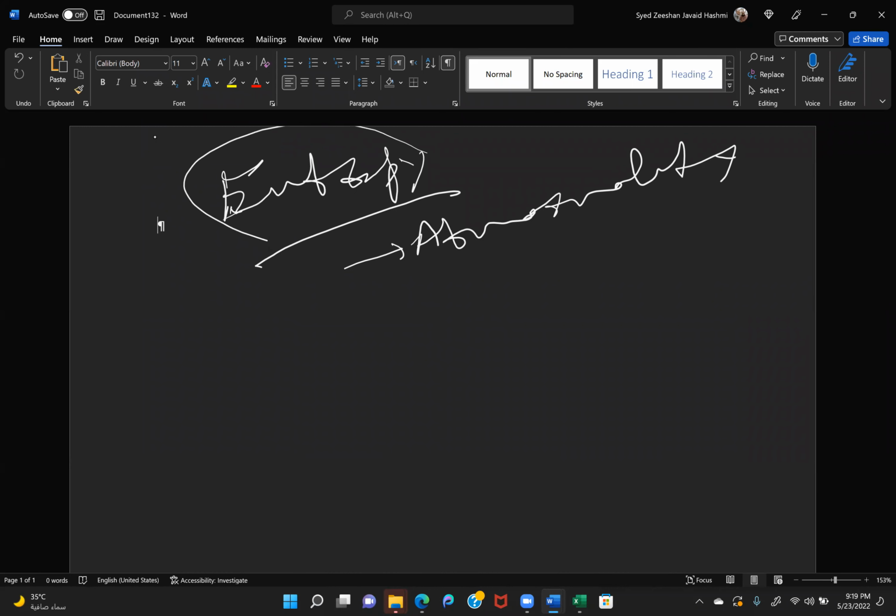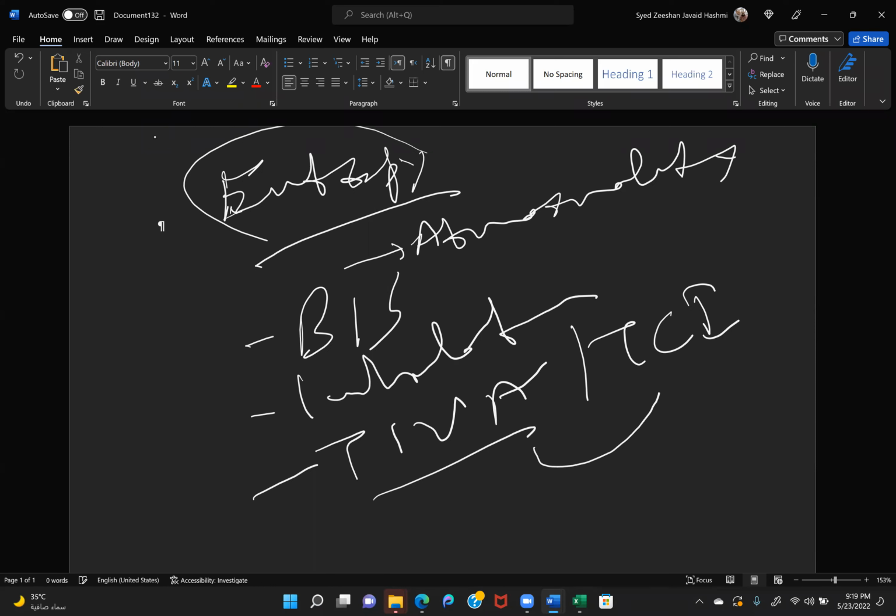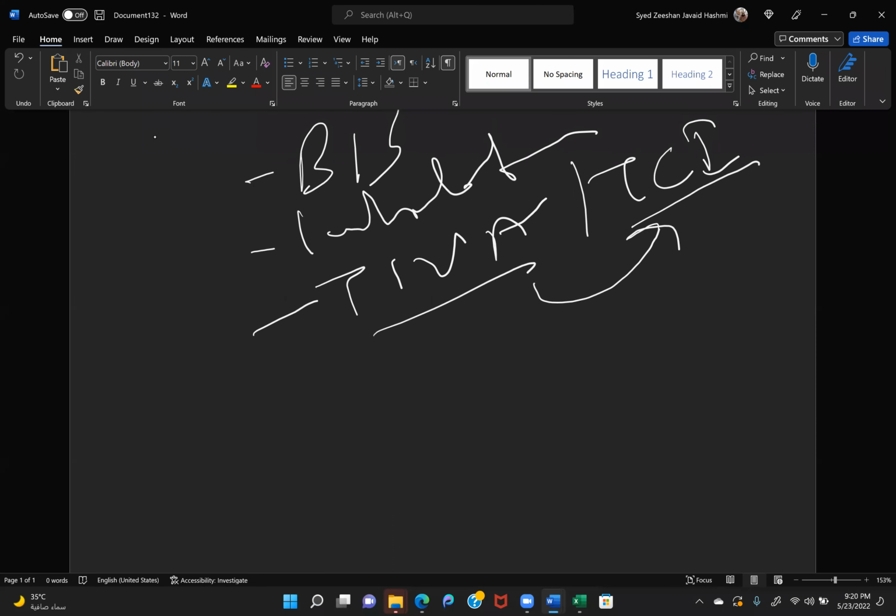Anyways, the options we have is to do the BIS. You have to avoid even inhalational at times. You have to do TIVA and TCI. TIVA is total intravenous anesthesia, and there are specialized pumps by which you are giving target controlled infusion.